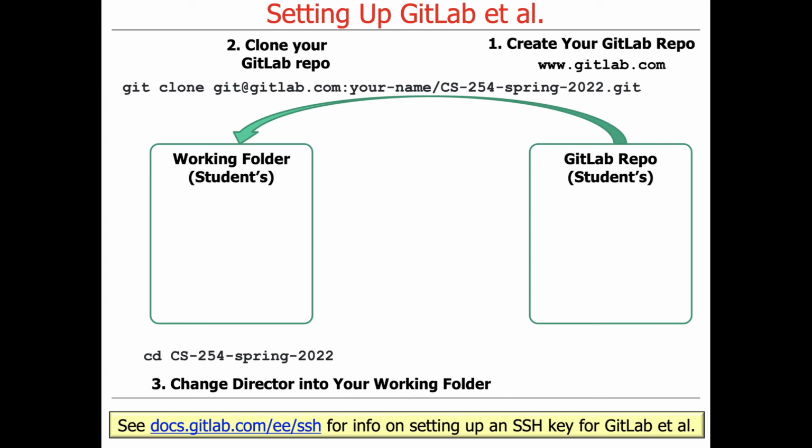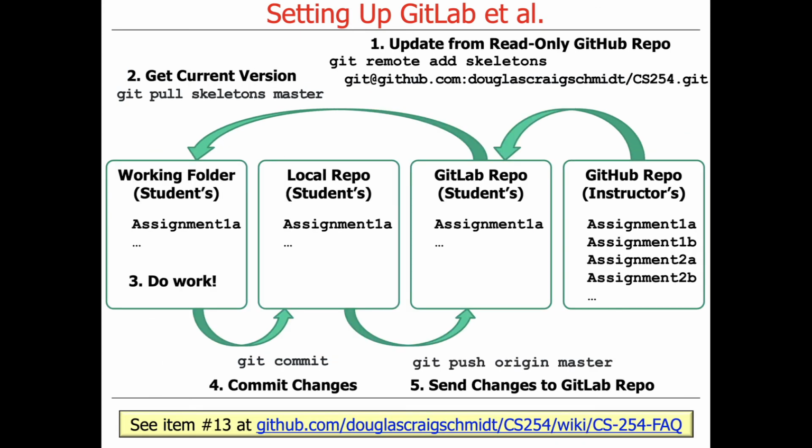So you say git clone git@gitlab.com, whatever your GitLab username is, and then the name of the repository. And that will go ahead and create a directory on your local device, wherever you put it, which will be called CS-254-spring-2022. And then you'll go ahead and change directories into that. So now you're in your working folder.